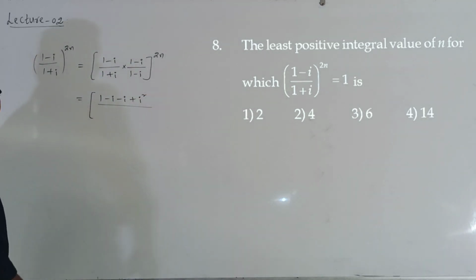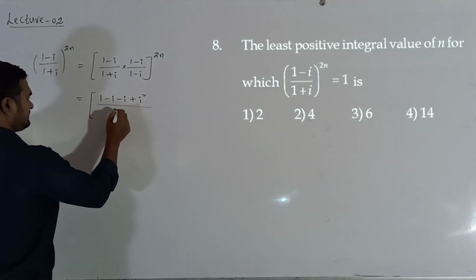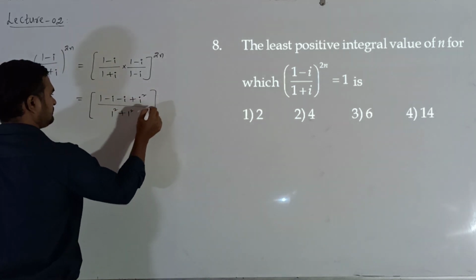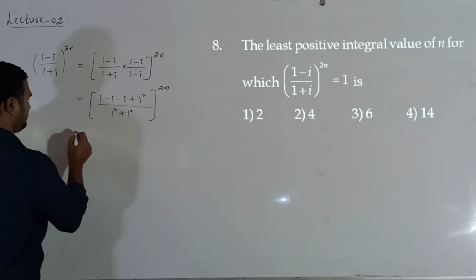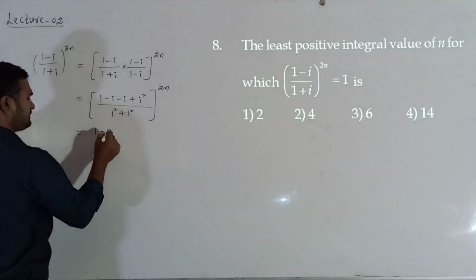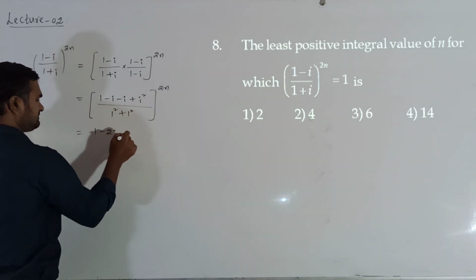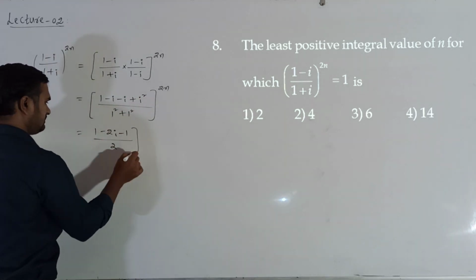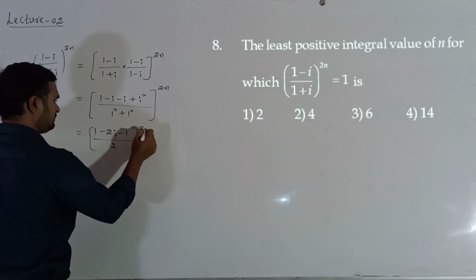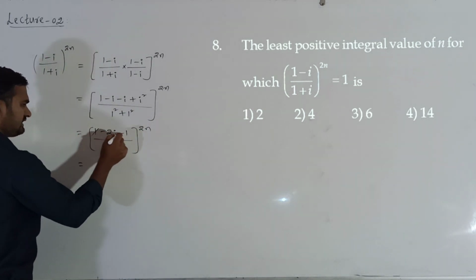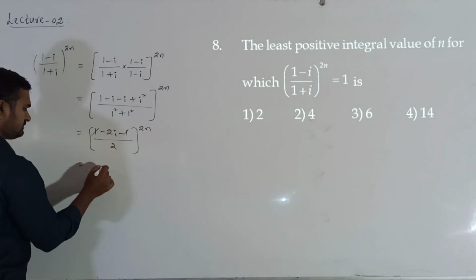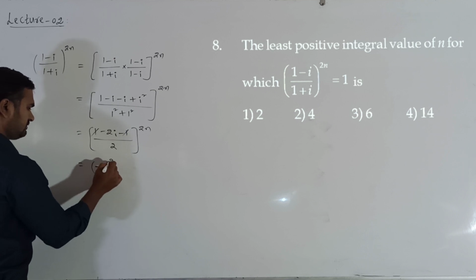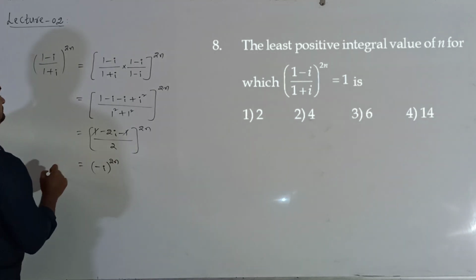Denominator: a plus ib into a minus ib is a square plus b square, whole to the power of 2n. 1 minus 2i, i square is minus 1, divided by 2, whole to the power of 2n. So 1 cancelled, minus 2i by 2, it is minus i whole to the power of 2n.